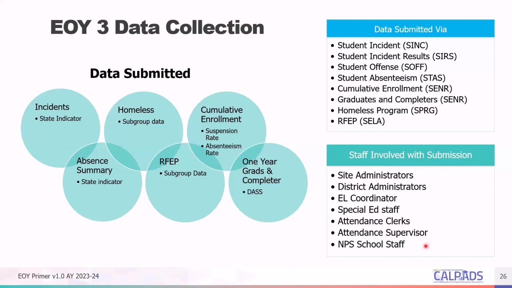And we will discuss NPS schools in this section as well. Though this is not an exhaustive list, EOY 3 does impact nearly every aspect of your LEA. So if there are staff that need involvement that are not listed, that's okay. Please do reach out to those staff if they are needed.